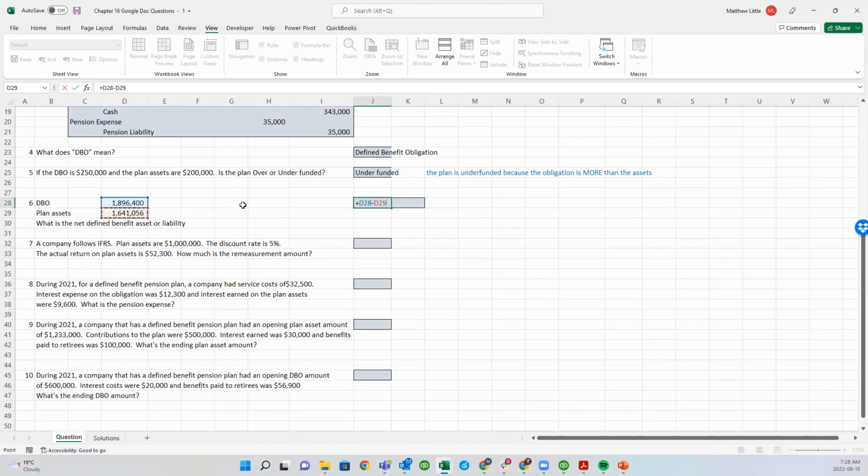So we'll take 1.896 minus 1.641. So we have a difference of 255,000 and change. To determine whether it's an asset or a liability, if the DBO exceeds the assets, it means we have a liability because it's underfunded. So we would expect that we owe the plan $255,000 more in order to properly fund the obligation.